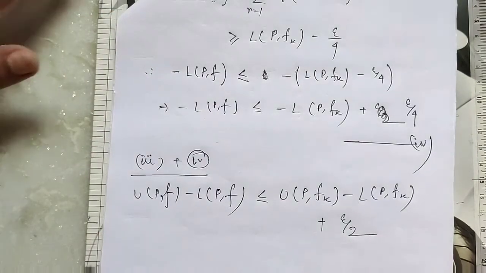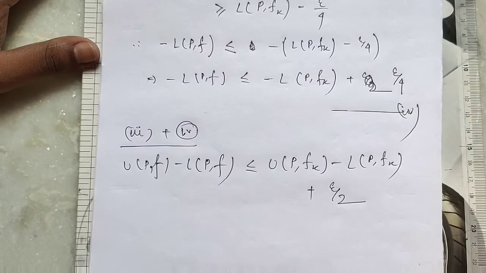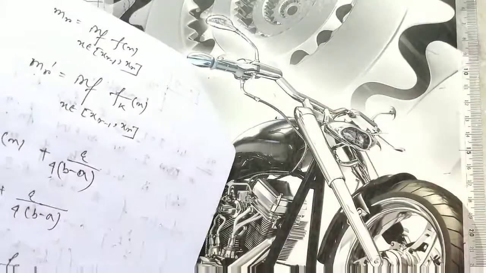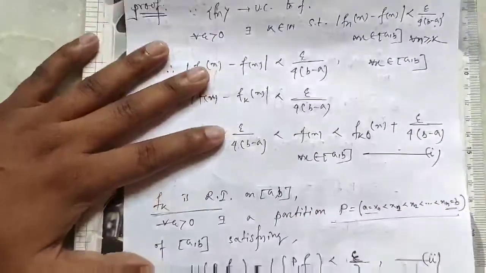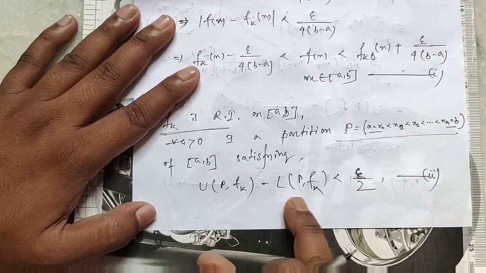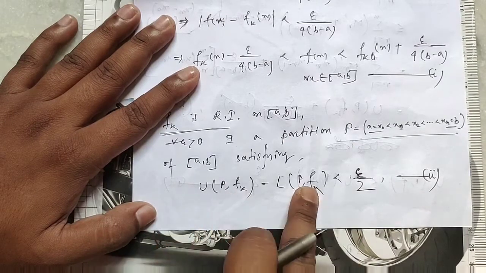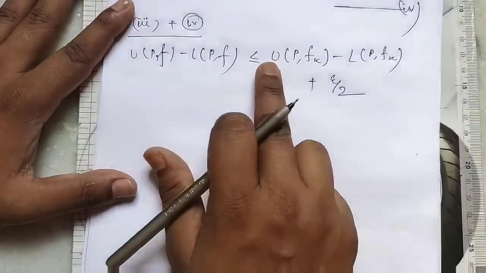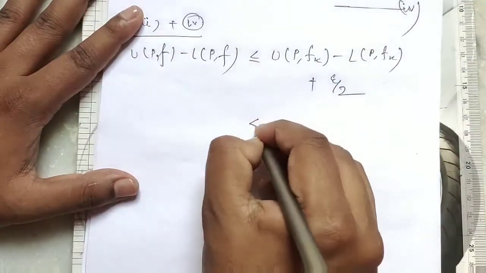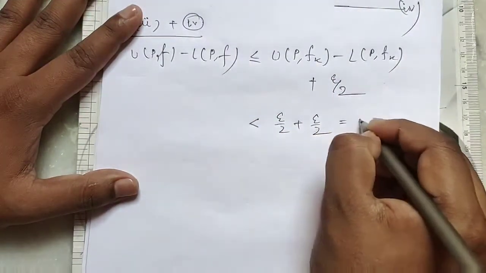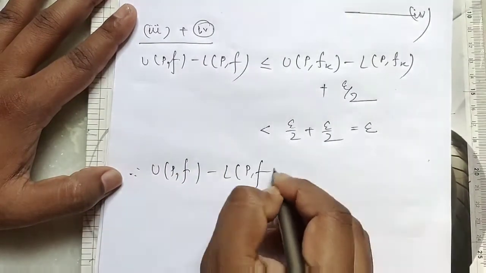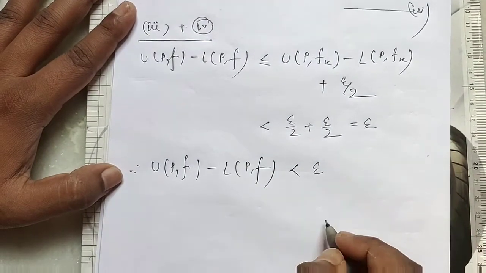Okay, clear. Now since from 2, U(P,f_k) minus L(P,f_k) is less than epsilon by 2, this is less than epsilon by 2 plus epsilon by 2, that is epsilon. Therefore U(P,f) minus L(P,f) is less than epsilon, okay.